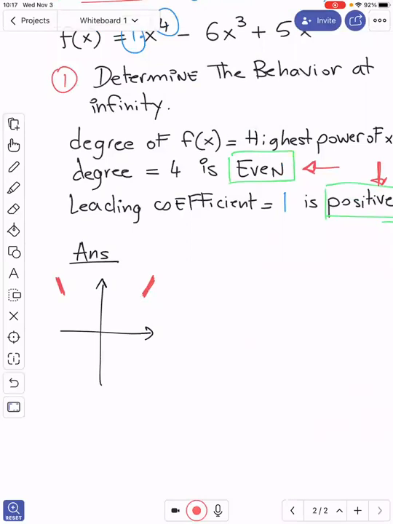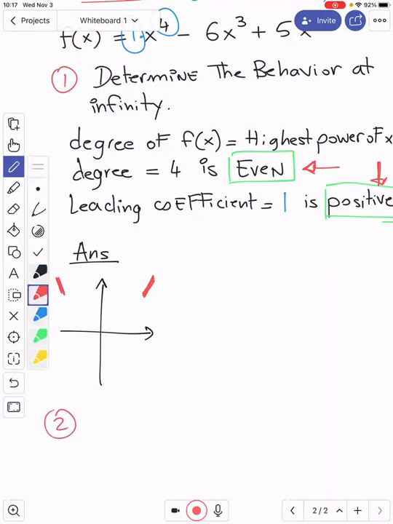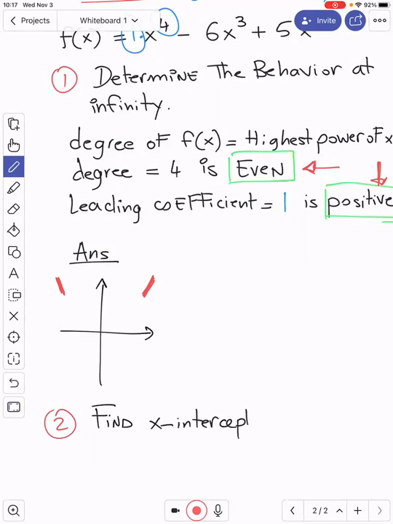Okay, all right. Now, next, number 2, we have to find the x-intercepts and their multiplicities. To find the x-intercept, whenever you wanna find the x-intercept, you have to solve f of x equal to 0.